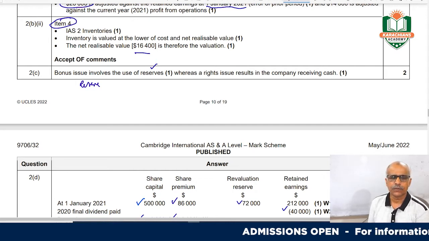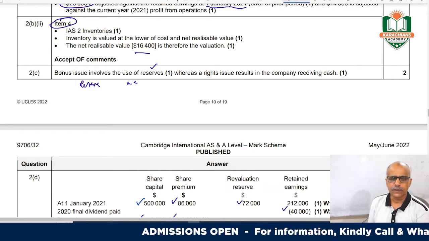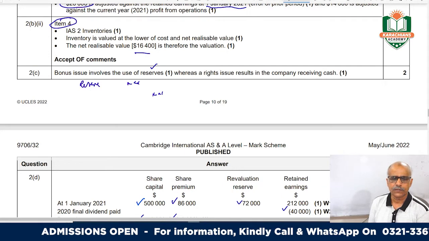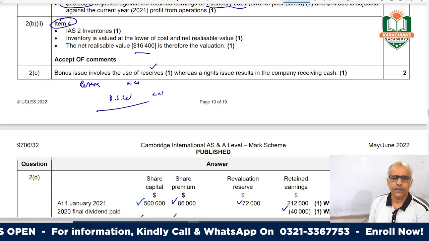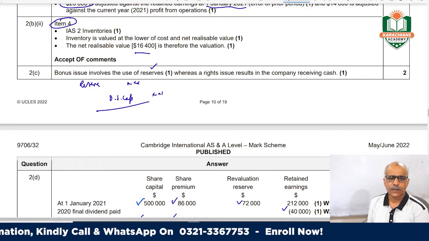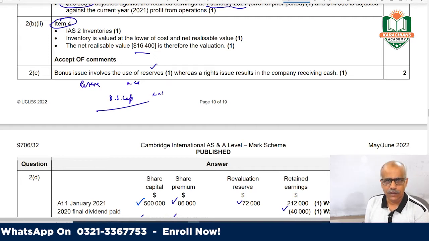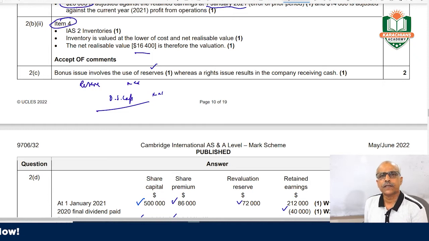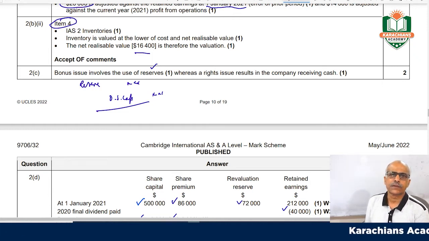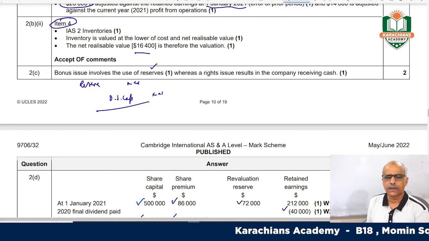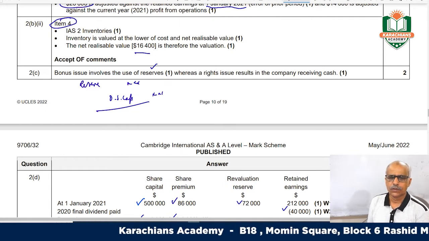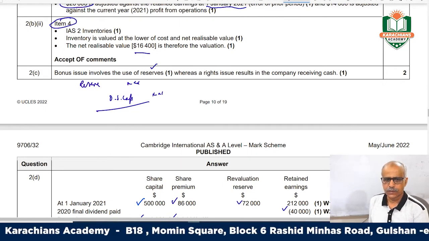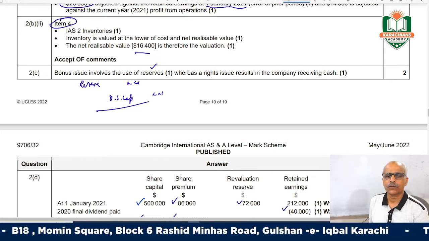You cannot pay from capital reserves; you can pay from revenue reserves and credit ordinary share capital. It involves use of the reserves, but there is no change in total equity. Reserves get reduced and capital gets increased.